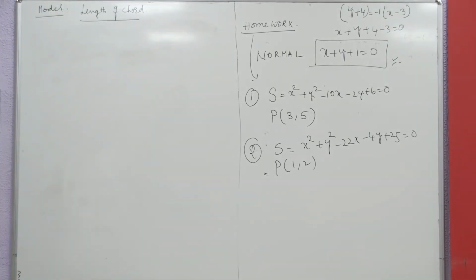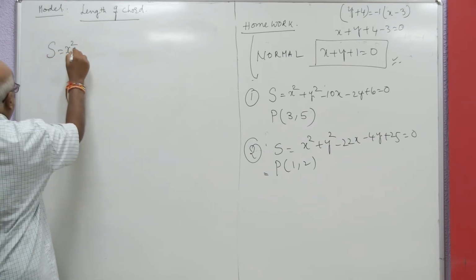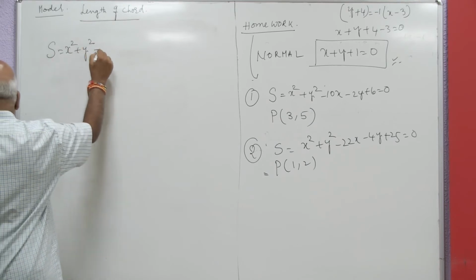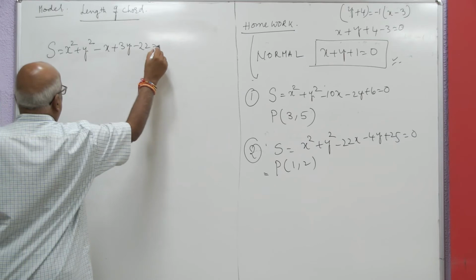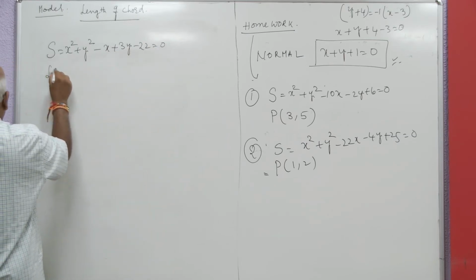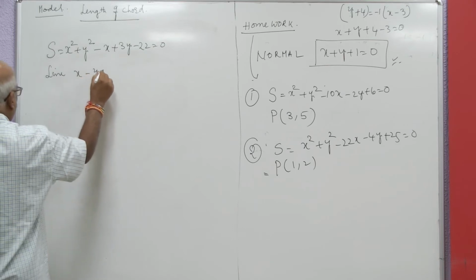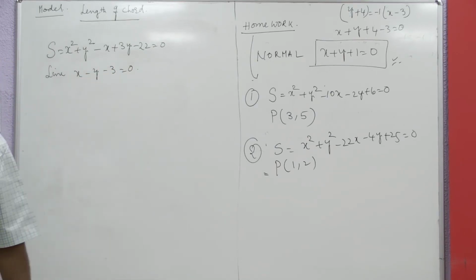Our first problem in this model is x square plus y square minus x plus 3y minus 22 equal to 0. Line x minus y minus 3 equal to 0, that is nothing but our chord. What is its length?